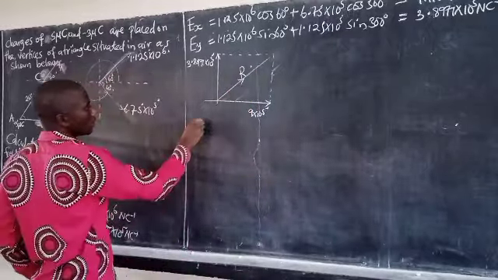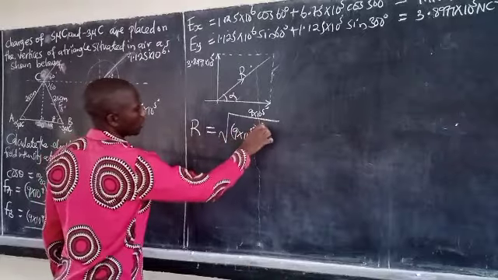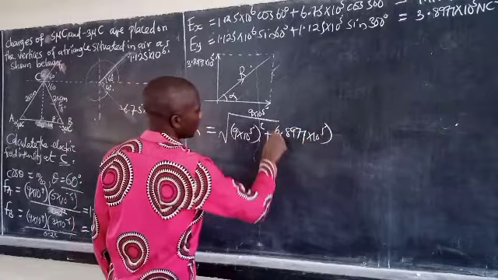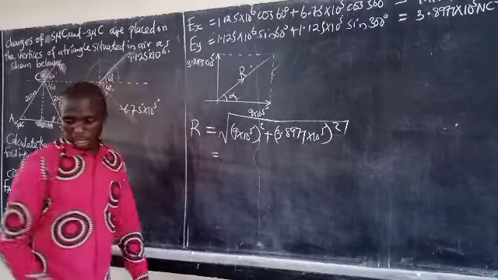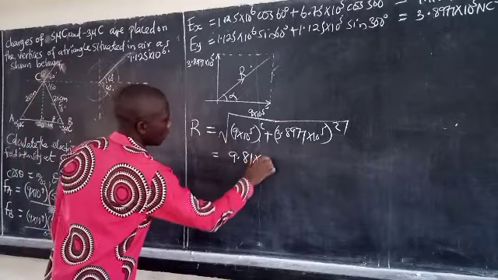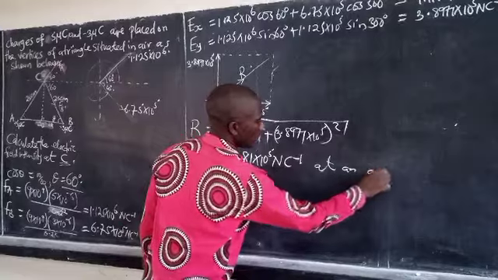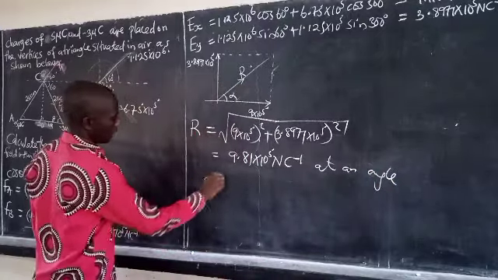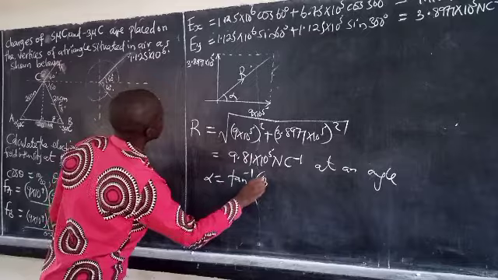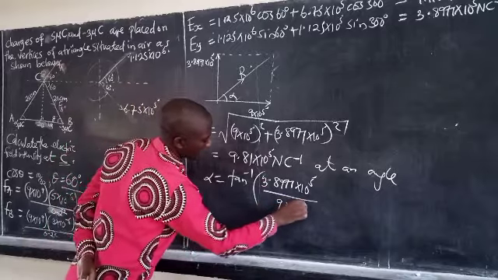So the resultant will be the square root of 9 exponent 5 squared plus 3.8971 exponent 5 squared, and that should give you 9.81 exponent 5 Newton per Coulomb at an angle alpha, which is the inverse tan of 3.8971 exponent 5 out of 9 exponent 5.